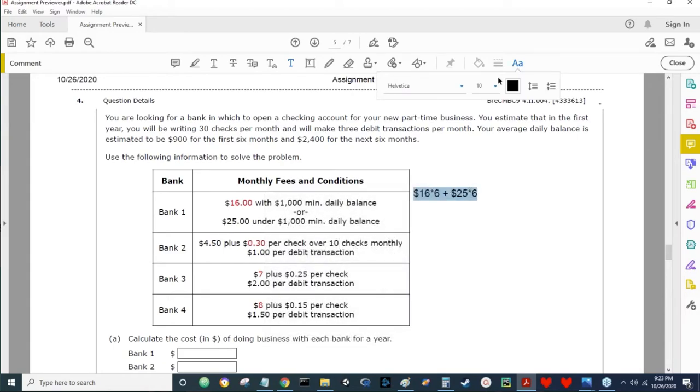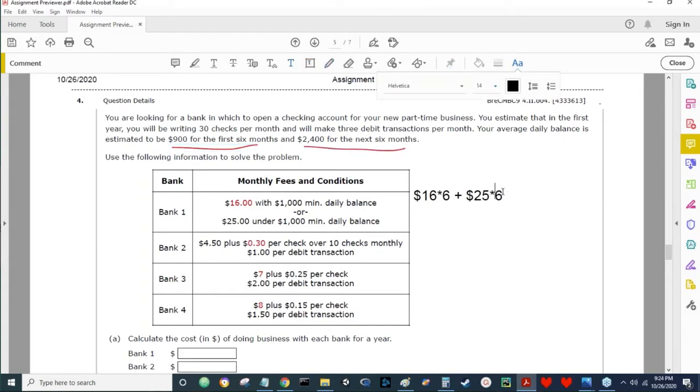So I guess I can make that bigger so it's easier on your eyes. Bank One charges us $16 a month when we have the $2,400, so that's 6 months out of the year. Bank One charges us $25 a month when we have a balance under $1,000, and we've got that for 6 months out of the year. Right, that's where I'm getting that information.